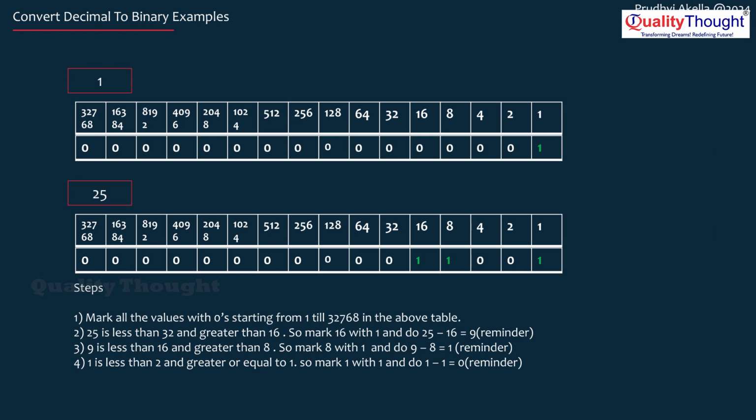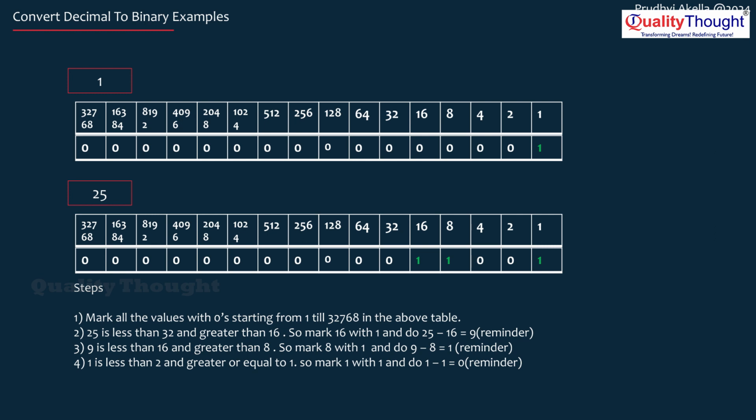Now this 1, you could see the 1 over here, so you will directly put a 1 under this particular cell, and the rest are all assigned zeros. Let's say you wanted to represent the decimal number 25 in 16-bit, then what you need to do is take the nearest number for this 25.